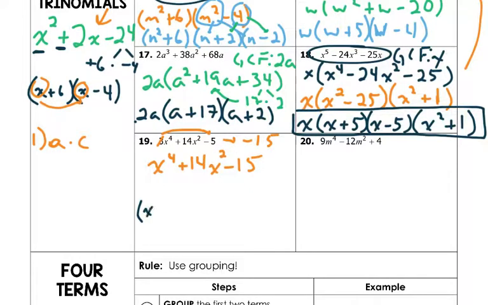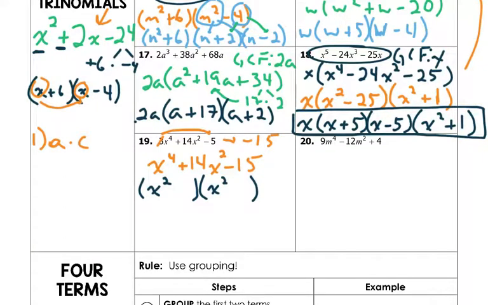So I'm going to put x squared, x squared, just spatial-wise. I guarantee they might give us a difference of squares or something like that. So now we got to factor this.